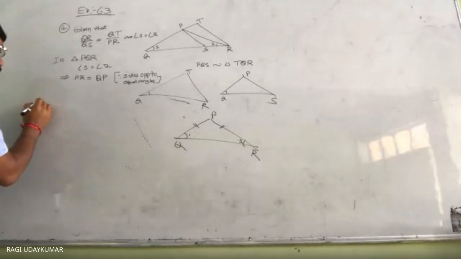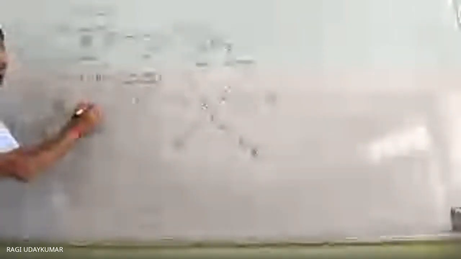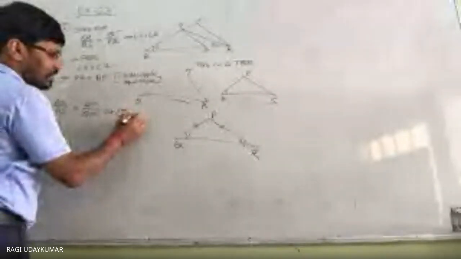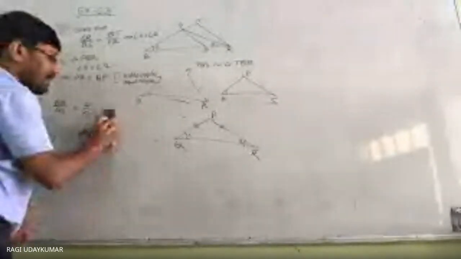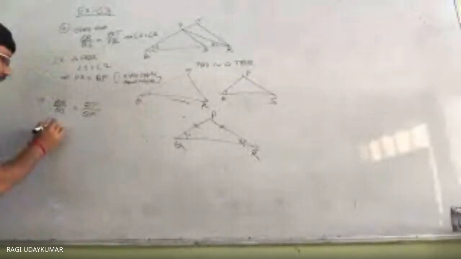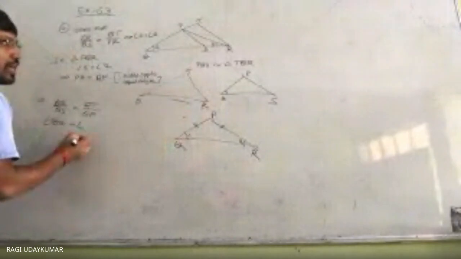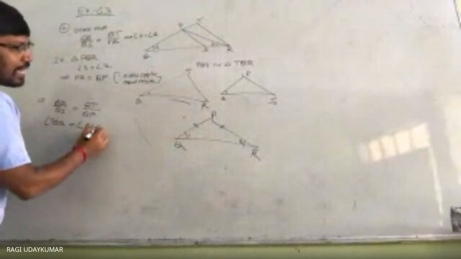This implies QR by QS is equal to QT by QP, and angle TQR. If you are getting confused here, I have angle TQR is equal to angle PQS.